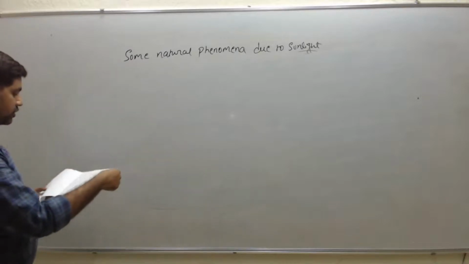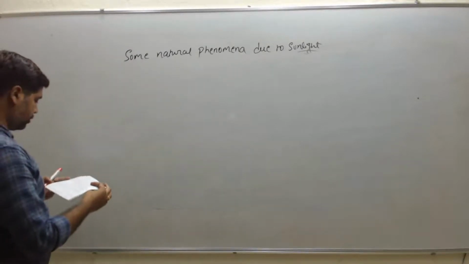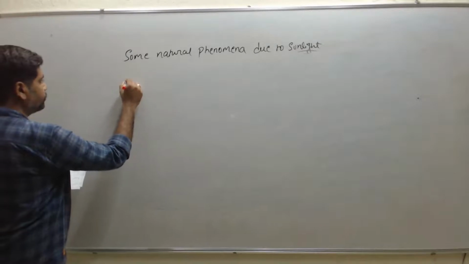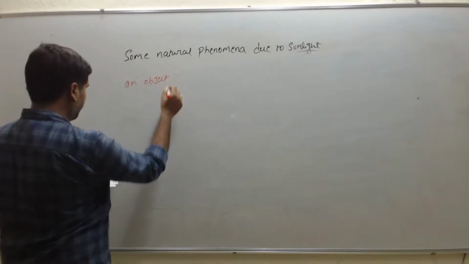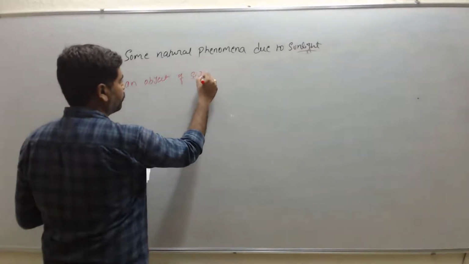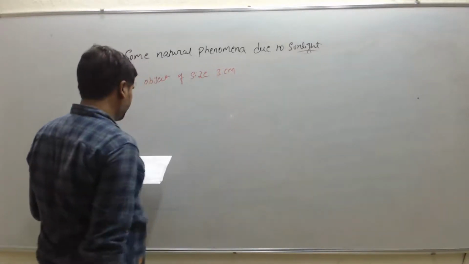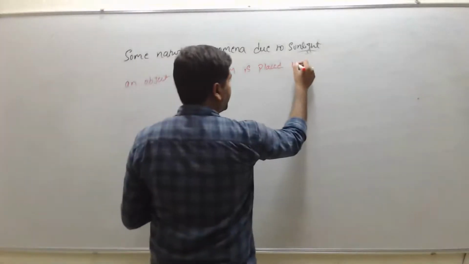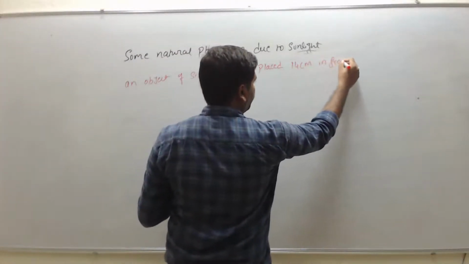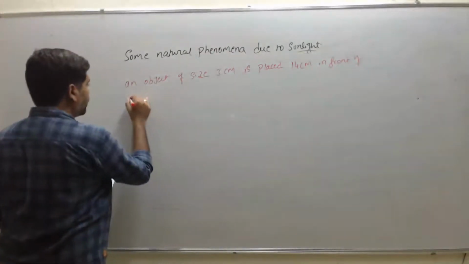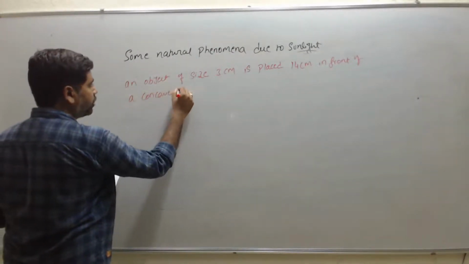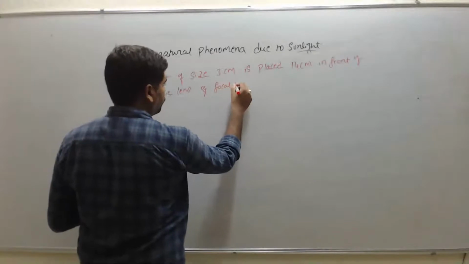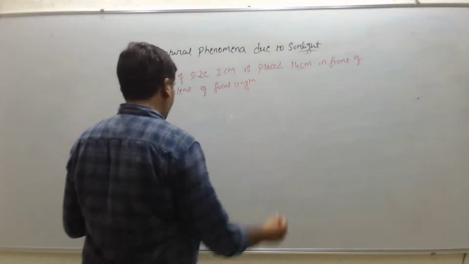In the last class we discussed one problem. The problem is: an object of size 3 centimeter is placed 14 centimeter in front of a concave lens of focal length 21 centimeter.